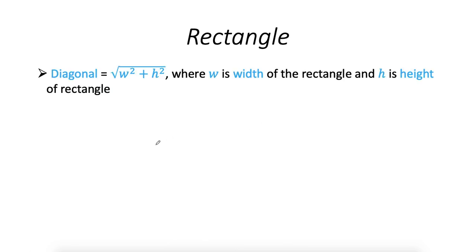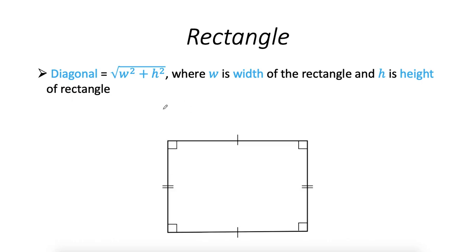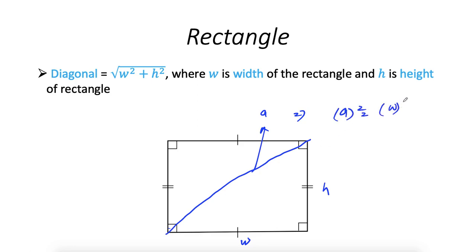And the next thing is how to find the diagonal, and for that we need to use the Pythagoras theorem. So if I connect this, and if the width is W and the height is H, what will be the diagonal? We can find that by using the Pythagoras theorem. If I consider the diagonal as A, then A square is equal to W square plus H square.